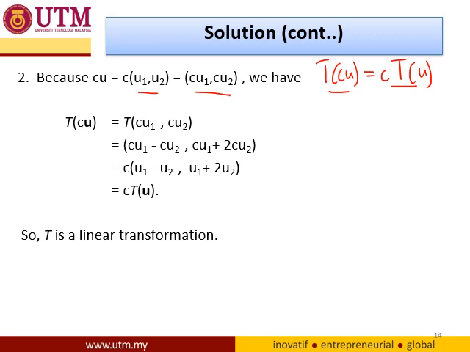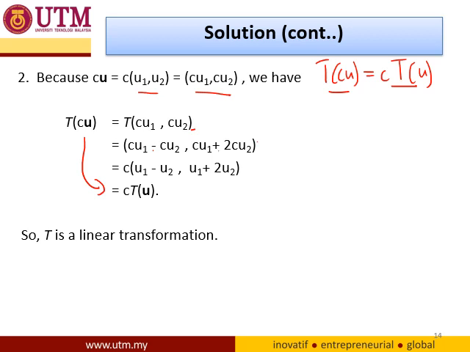They give you the solution here, where same as in the previous one, they try to solve directly, where you multiply first and then transform is equal to you transform first, then you multiply the scalar. So we have here T of cU1, cU2, and then you apply the transformation. Remember our previous transformation, right? cU1 minus cU2, and then cU1 plus 2cU2.